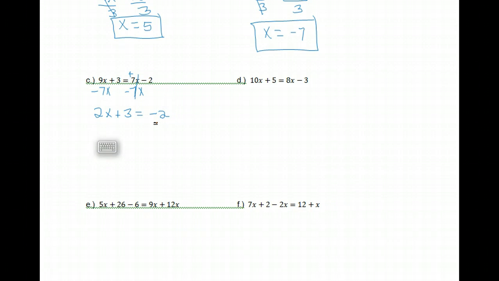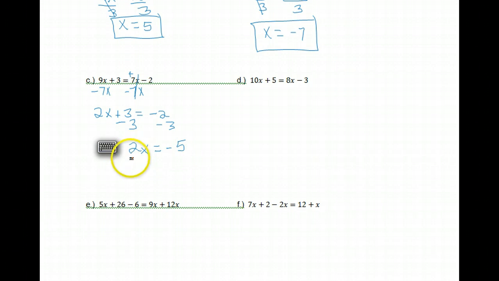At this point, we have a two-step equation. So we have multiplication to undo and addition to undo. You always undo the addition first. So we start by subtracting 3 from both sides, and we have 2x equals negative 5.